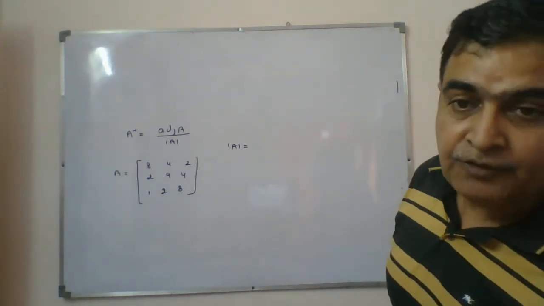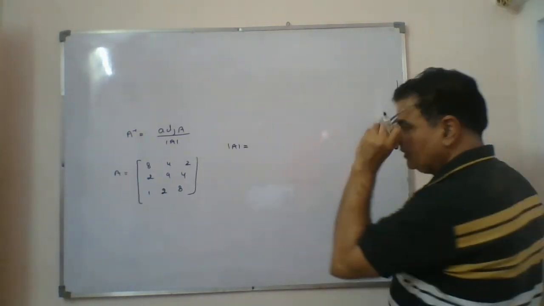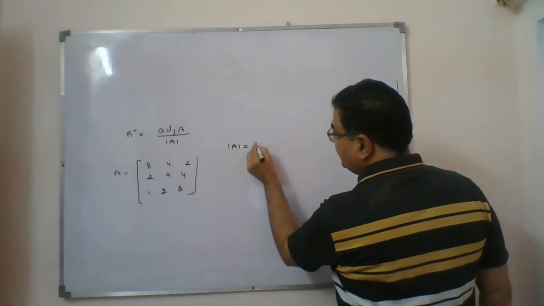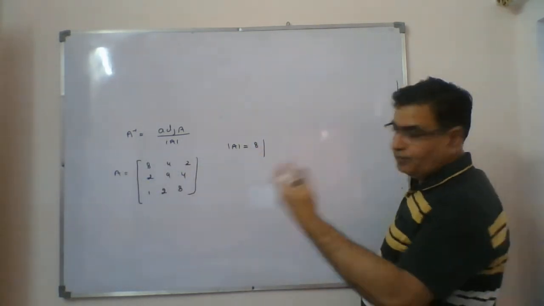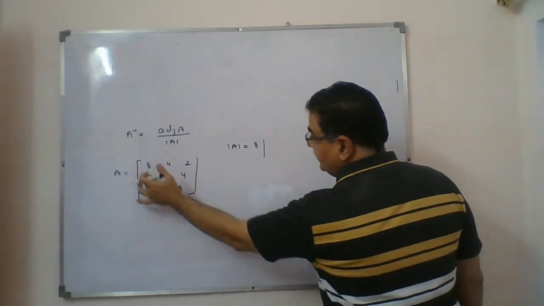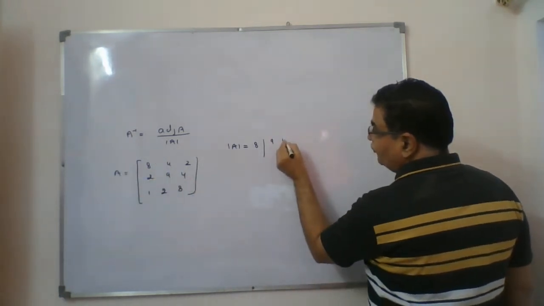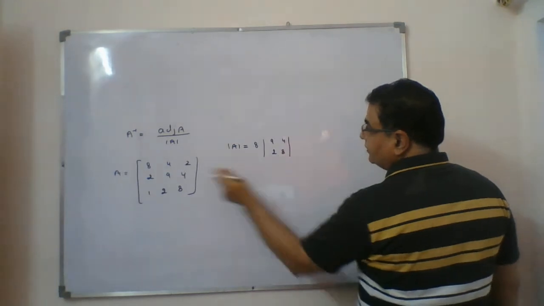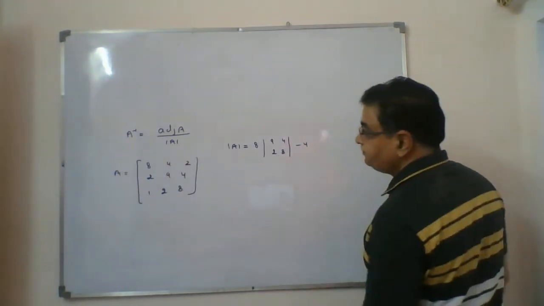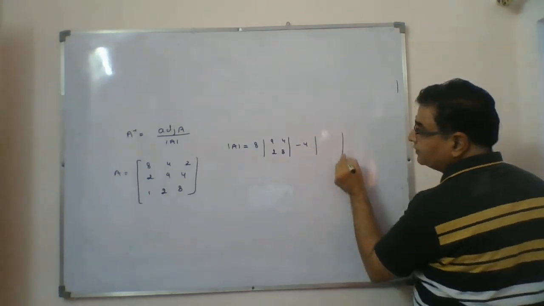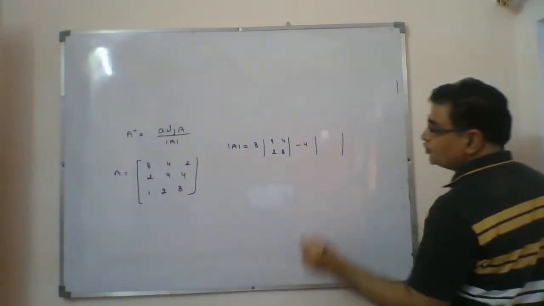So I calculate the determinant of A now. It will be 8 times, because this is position 1,1, so it will be a plus quantity, and I'll do it directly: 8 times the determinant of 9, 4, 2, 8. Then comes this element, it will give minus because it's position 1,2, 4 here. Leave this, then 2, 4, 1, 8.